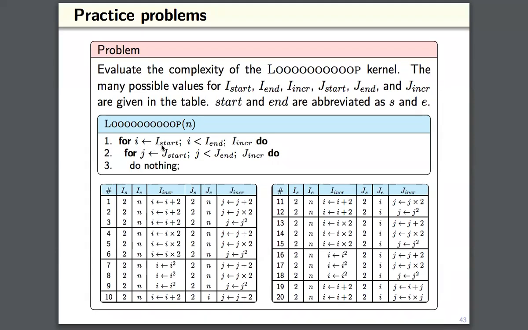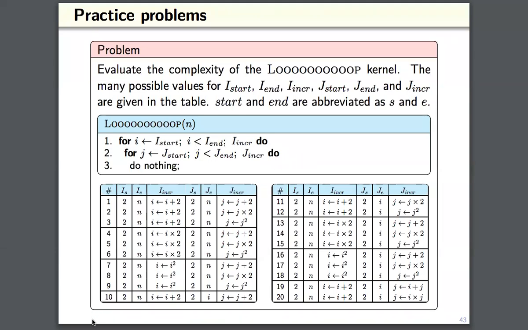For i is equal to i start, i less than i end, i increment, j is equal to j start, j less than j end, j increment, do nothing. What is the number of basic operations? See, you still do this comparison in the for loop, right? Assume that you're computing the total number of comparisons asymptotically, right? You don't want the exact number. You want to find the asymptotic function of the number of comparisons.